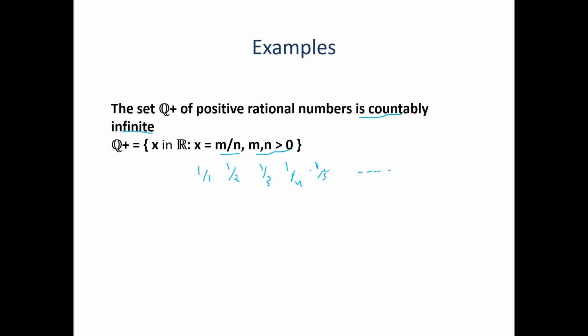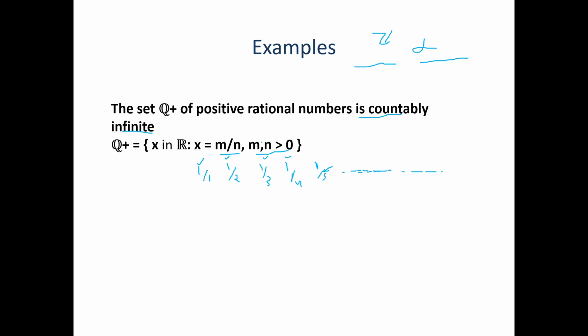Obviously, if I keep going, it's not going to work because of the same problem that happened with Z. If I try to list the positives first and then the negatives, well, I'll never reach the negatives. Same thing here. If I try to list all the rationals that have a numerator of 1 first, I'm never going to finish.